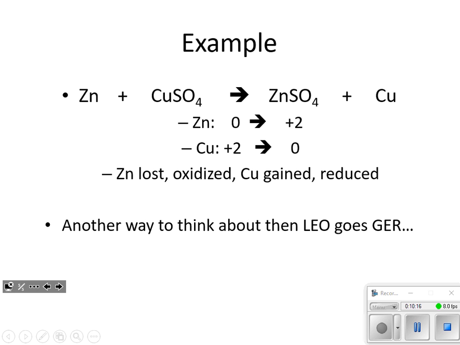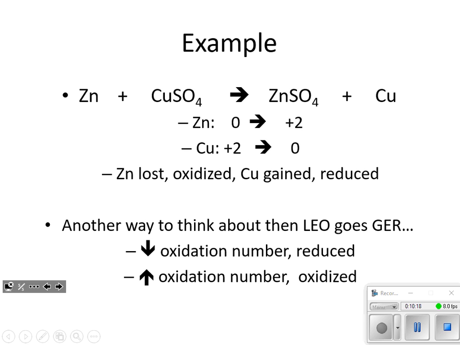So there's one last thing to remind you about, other than LEO goes GER, and why it's called oxidized and reduced. If the oxidation number gets smaller, start to finish, that element was reduced. If the oxidation number gets bigger, start to finish, it was oxidized.